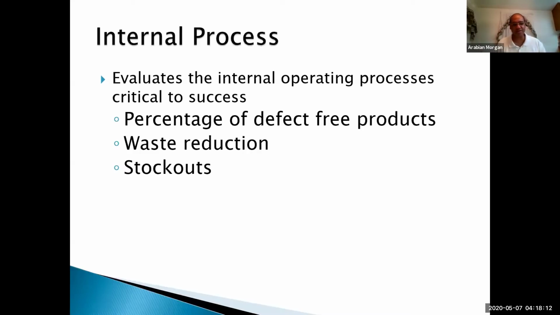Grocery stores sometimes would issue what are called rain checks, meaning they didn't have the product on the shelf for the customer to buy, so they give out these little cards that say, come back and get it in a couple weeks, we'll have it, and you'll get the price that we were offering you today. So most companies don't want to have stockouts.